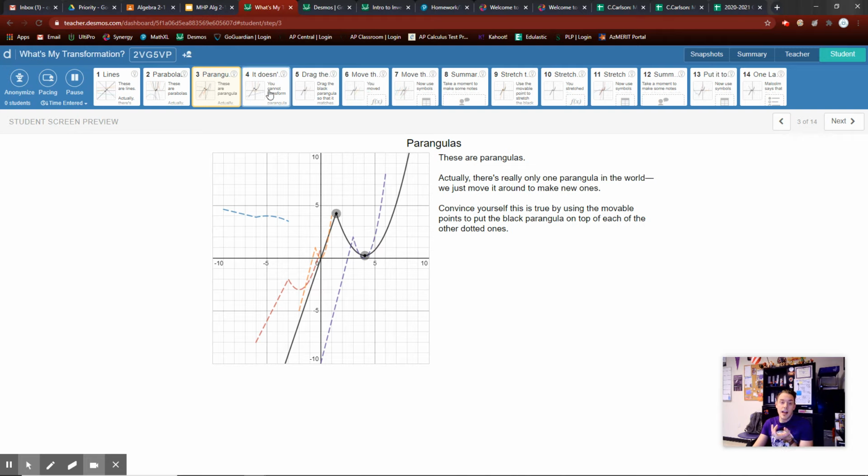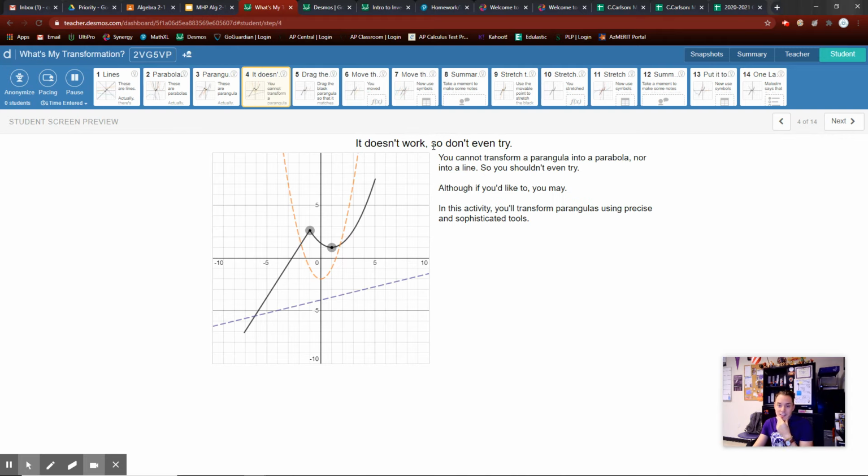Pretty cool stuff. Now, what you're going to see here is it doesn't even work, so don't even try. You cannot transform a parangula into a parabola, nor into a line. Now that gets pretty close. Let me try. That gets amazingly close. But try to get this together.